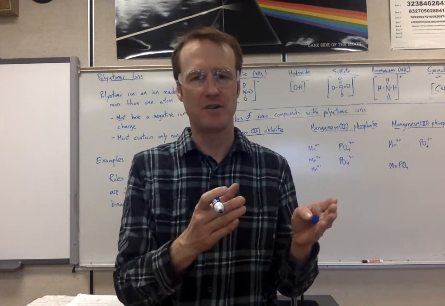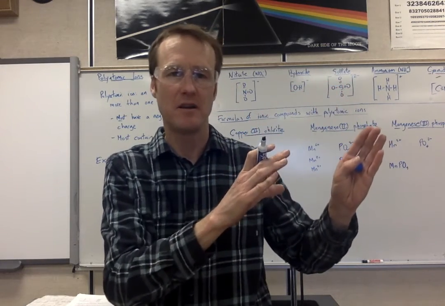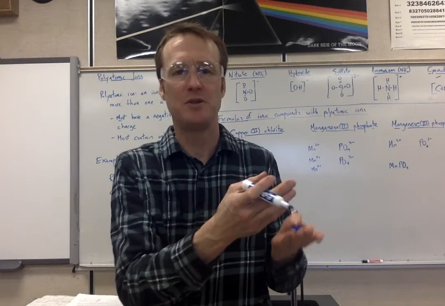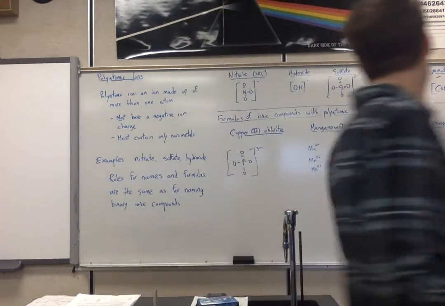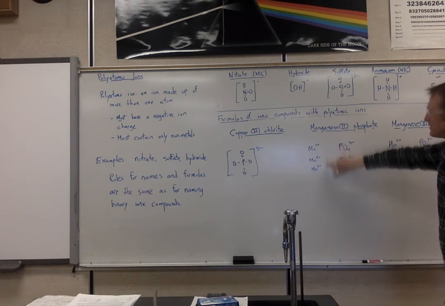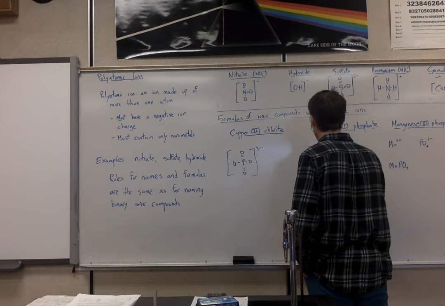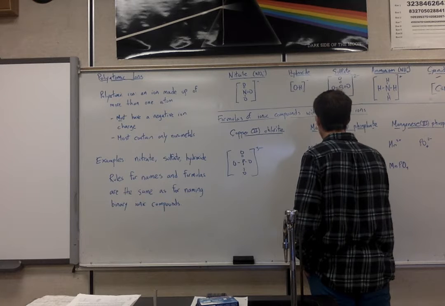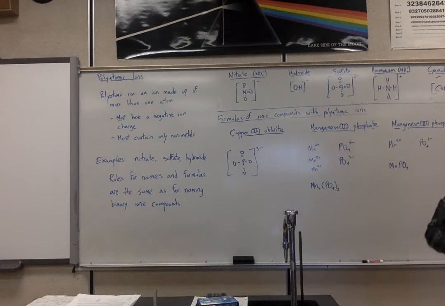As for the phosphates, each one of them has a -3 charge. We have a total of -6 negative charges to make, and that can be evenly divided between 2 phosphate ions. So what are our subscripts? 3 manganese, 2 phosphate. All right. I'm going to get the camera directly on that.